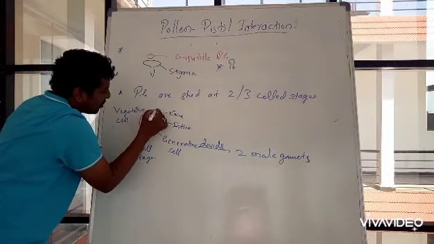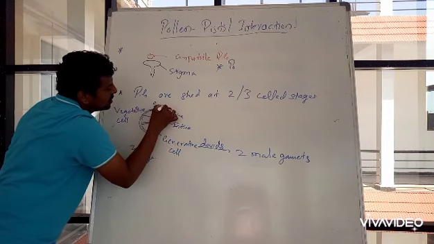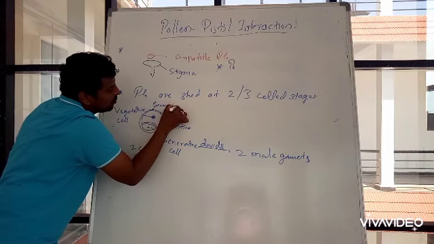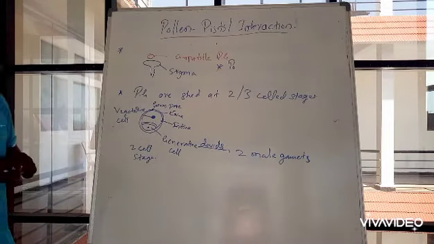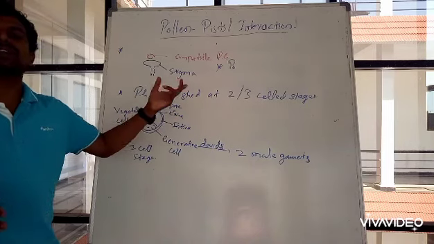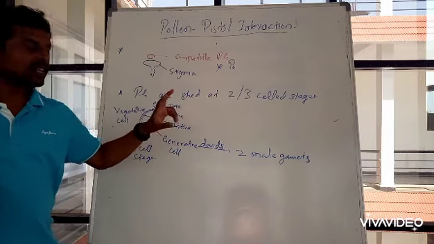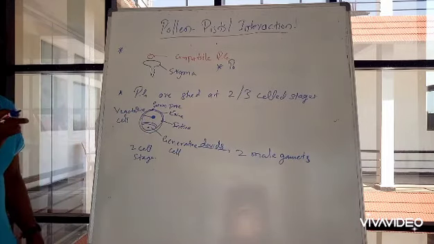One more thing I forgot here in the structure of pollen grain is that we will be having a germ pore. If you can recall the structure of pollen grain correctly, it will have a germ pore where the exine will not be there. The vegetative cell will be there and the generative cell will be there.